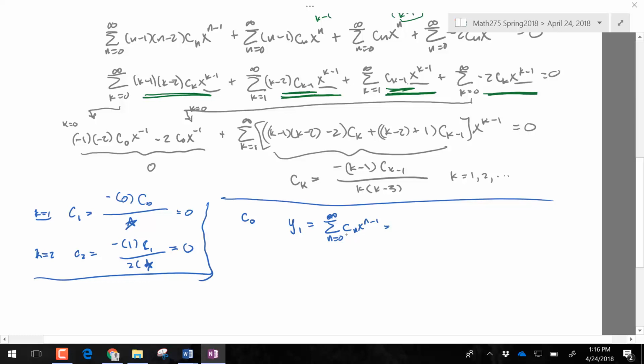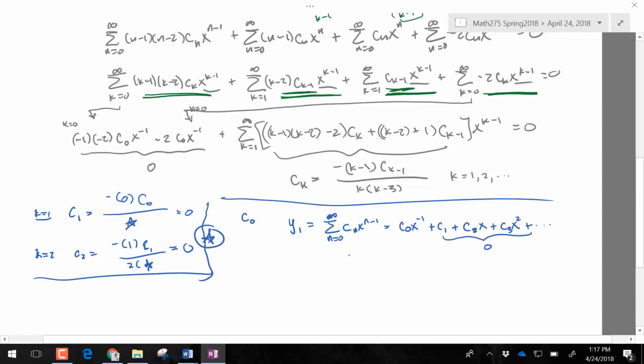Let's put in the values: n is equal to 0, n is equal to 1, so this is a 0 power, n is equal to 2, etc. According to our result over here, all these terms are equal to 0.